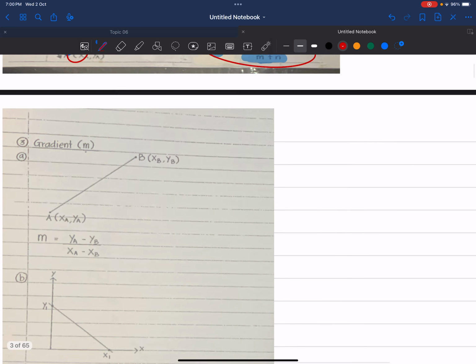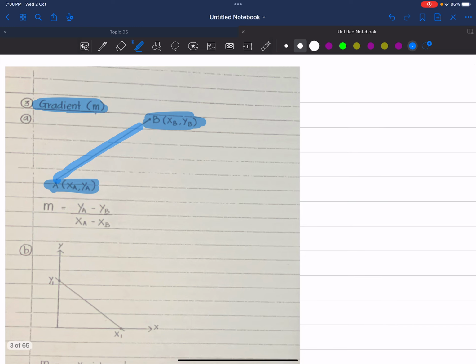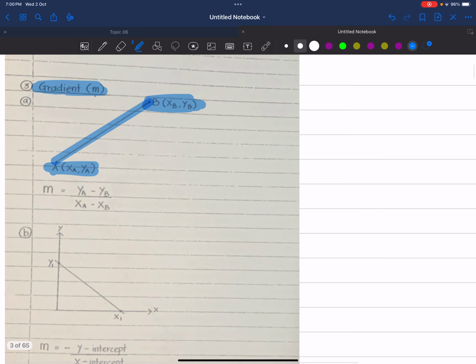Next, we look at gradient, with symbol M. Again, we have a point A, coordinate XA, YA, a point B, coordinate XB, YB, and the straight line joining them. Now gradient has more than one formula.